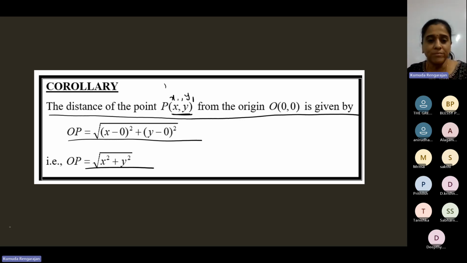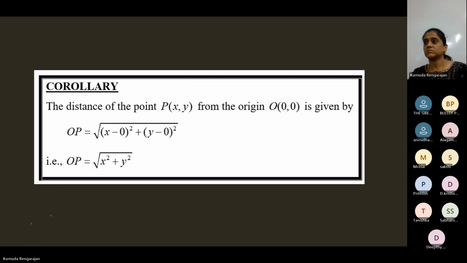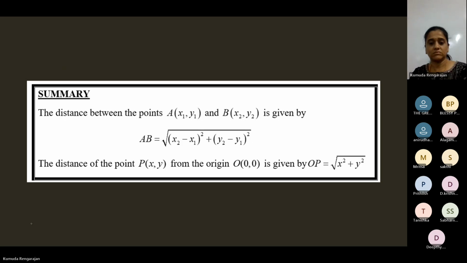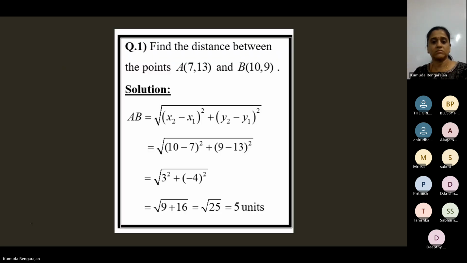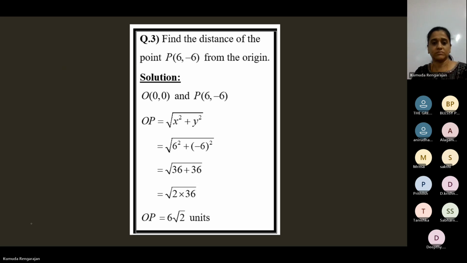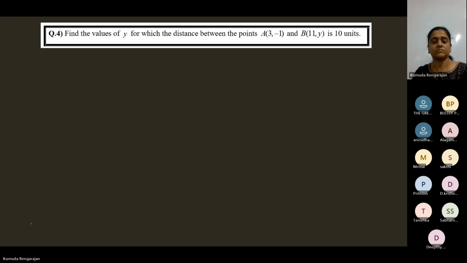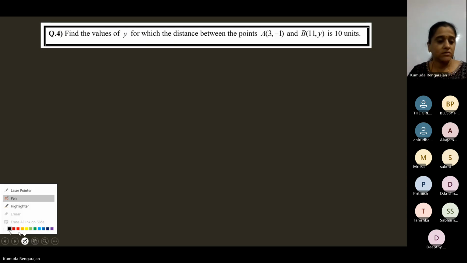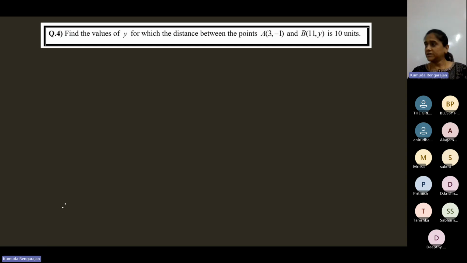If this is called m and n, then it is square root of m square plus n square. So direct applications, you can do it just by substituting and calculating.